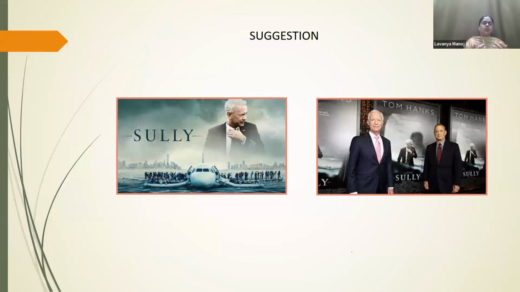It would take at least 2 to 3 seconds to think about the best way to go. So that is the human aspect, that 2 to 3 seconds of time lag before taking a decision. So Sully is requesting the authority people to take the human aspect also, the time lag, into account.